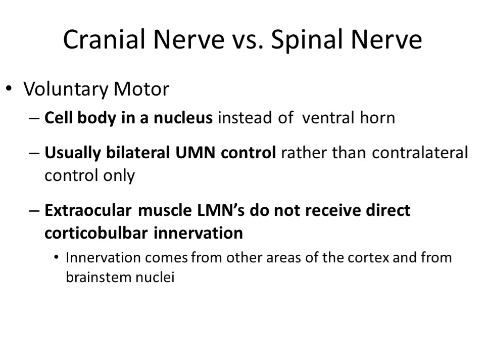I do want to note that the extraocular muscles, these are the muscles that move your eyes around in their sockets, their lower motor neurons are not going to receive direct corticobulbar innervation. They get innervation from different pathways. They often travel together, but they are different pathways. There are different parts of your brain involved, and I don't feel that you need to get into knowing and understanding those different pathways.